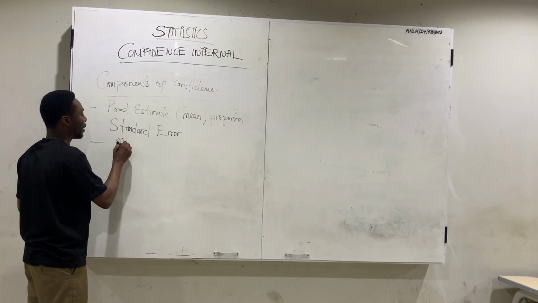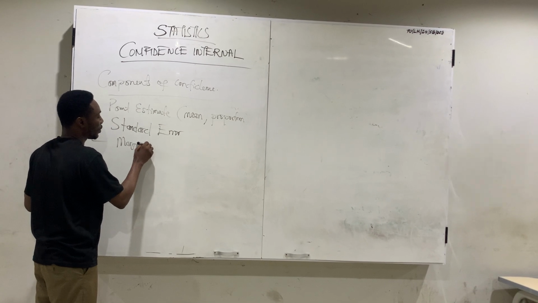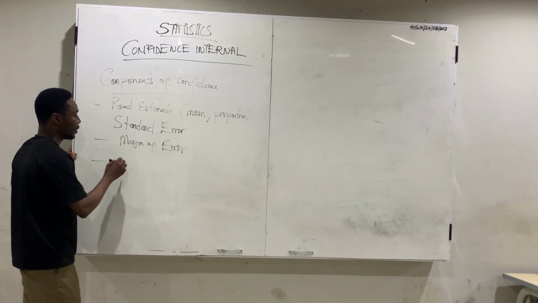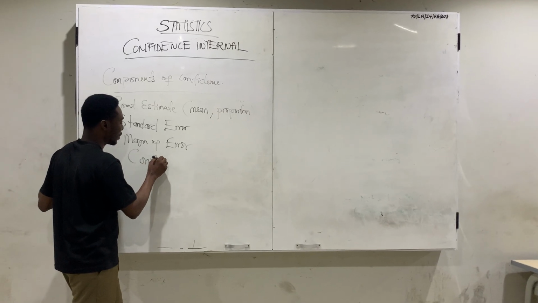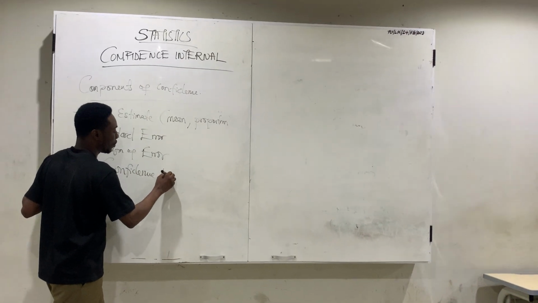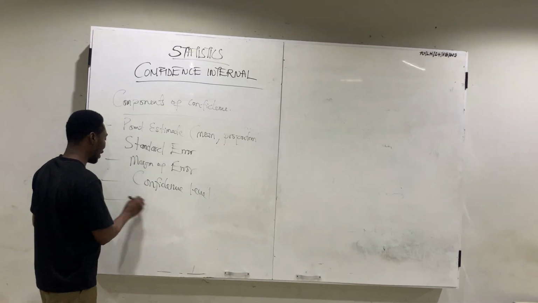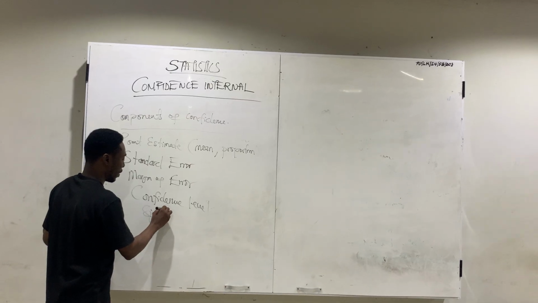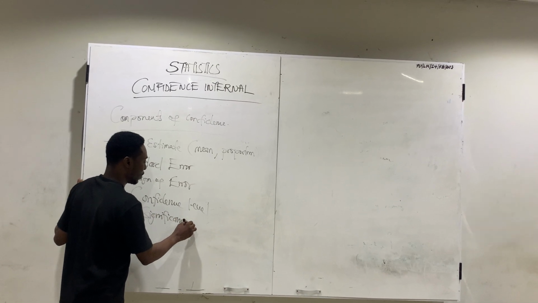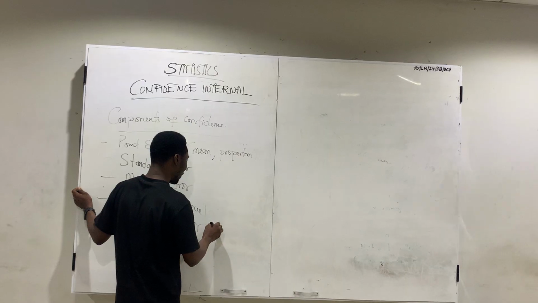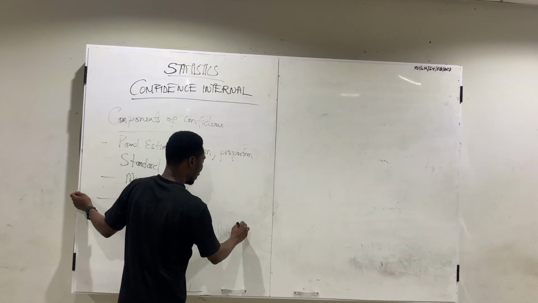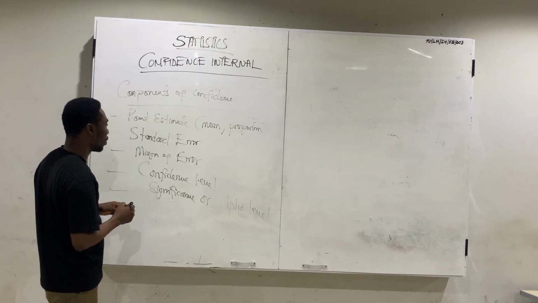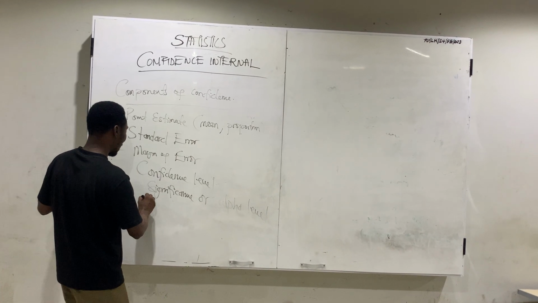We also have the margin of error. We also have the confidence level. And usually, anytime you have confidence level, it means you also have significance or the alpha level. Then we can also have what we call probability values.